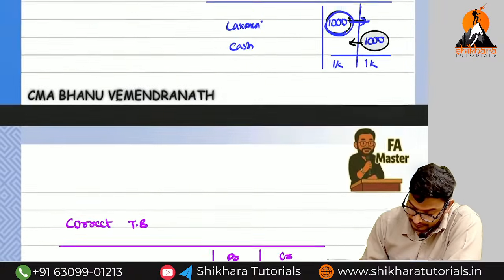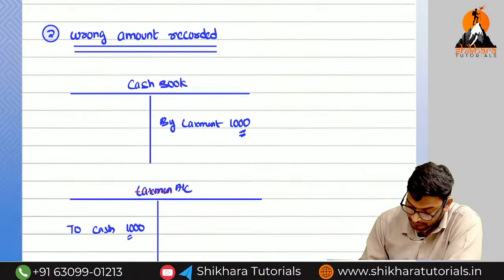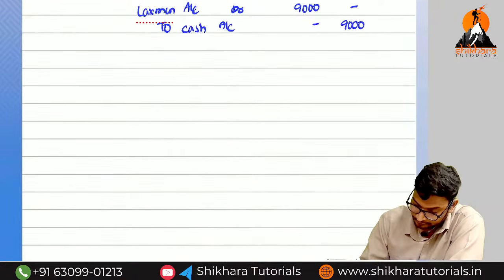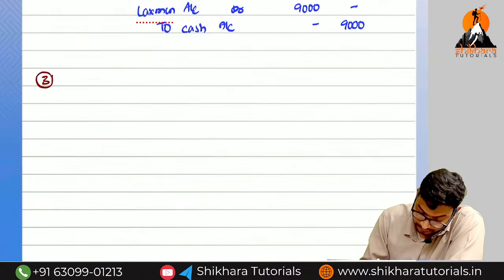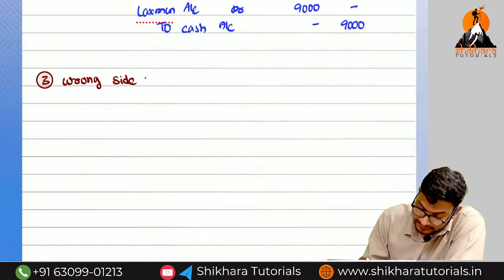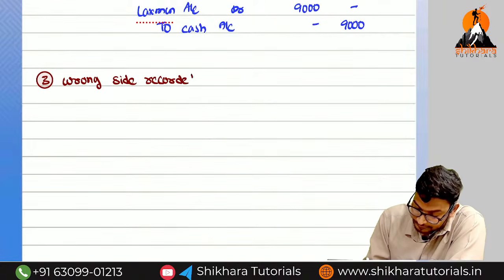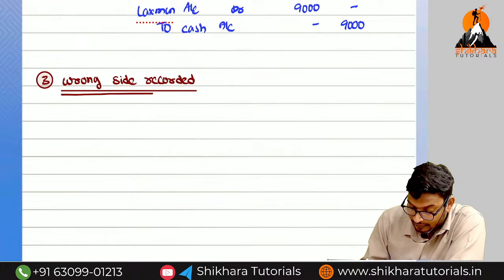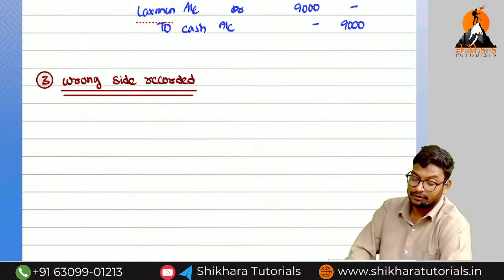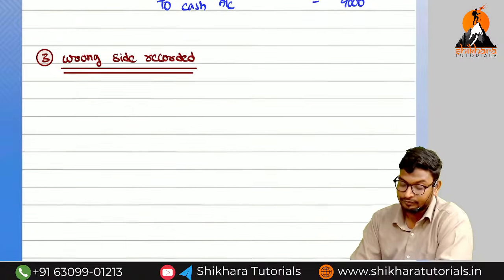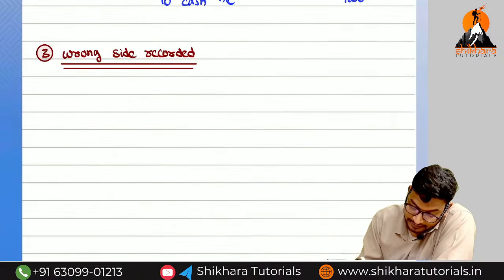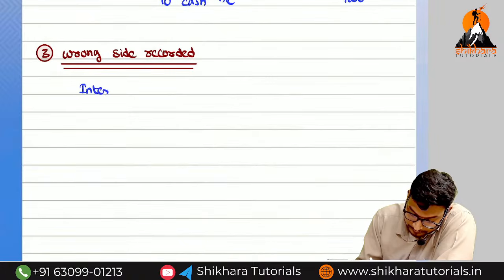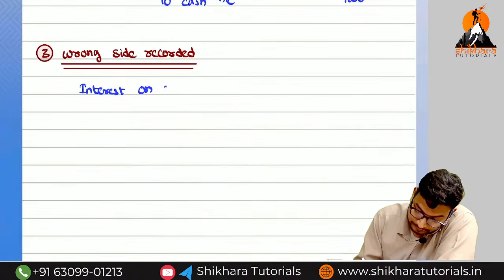So this is which point? Third point. Wrong side recorded. What is the meaning they have given there? Interest on overdraft.